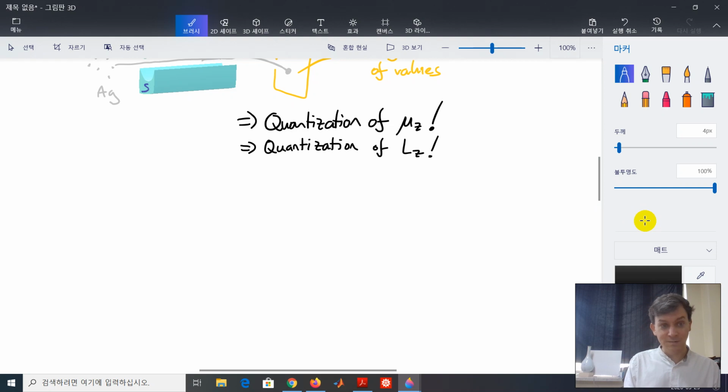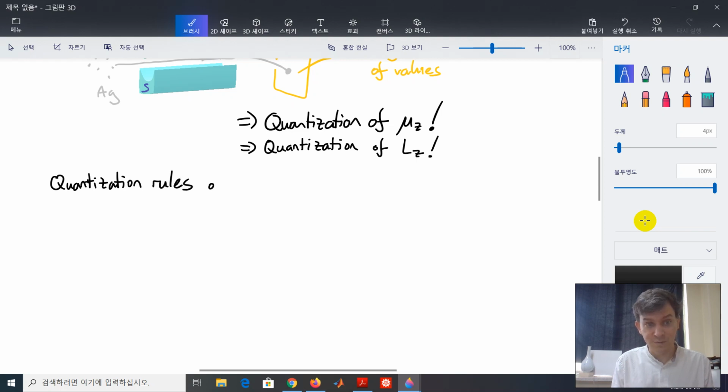I'm going to state the results without proof because, as I said, the proof requires quite a lot of mathematical theory. So, quantization rules of angular momentum. I'm going to give you two rules.